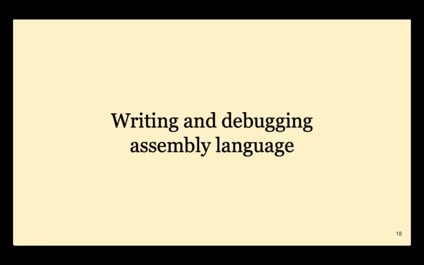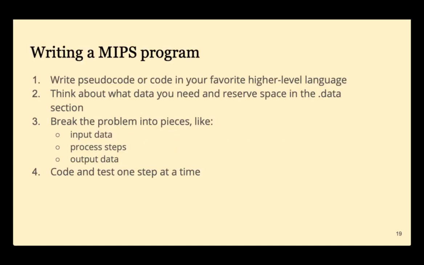Next we talk about writing and debugging assembly language programs. Starting out writing assembly language can be a little intimidating and debugging can be frustrating, so I have a little advice to help you out. When writing a MIPS program, particularly if it's a longer one, it's a good idea to first write pseudocode or code in your favorite higher level language, just to make sure you have the logic right.